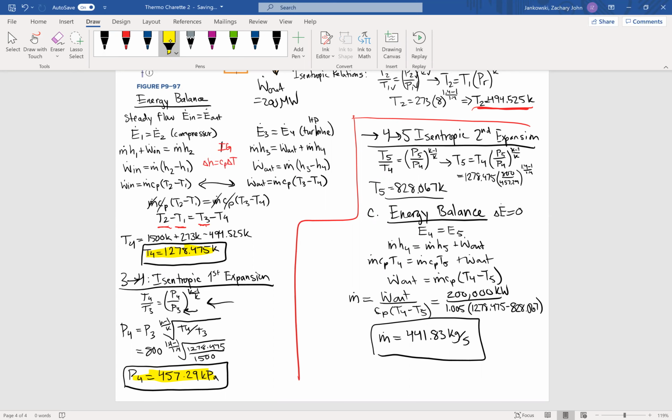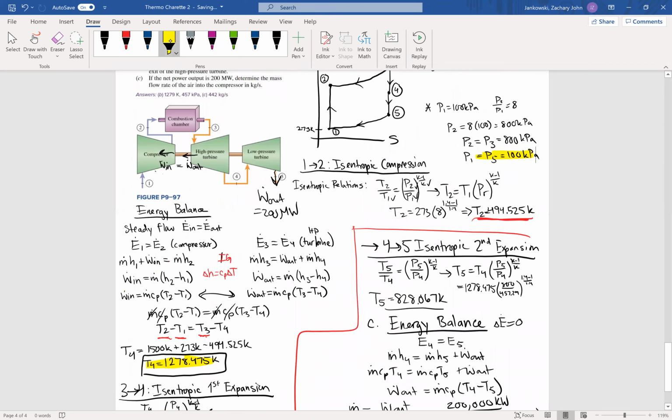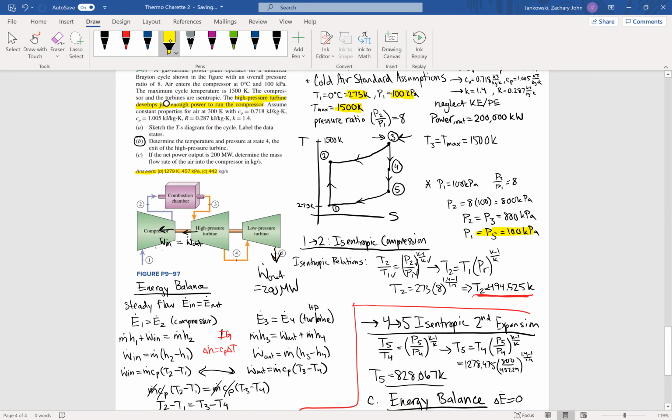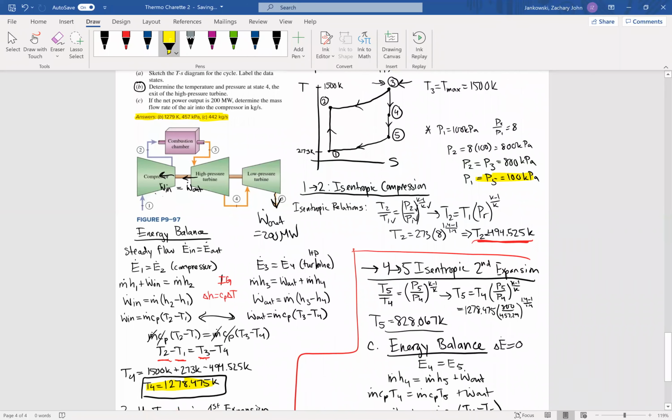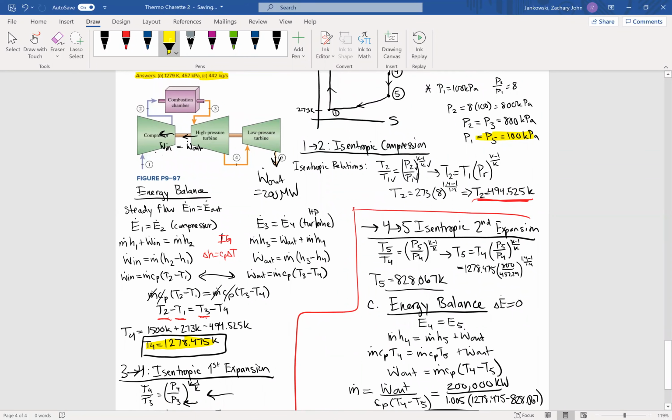Now, before we leave today, we're going to come back up to the question, and we're going to note that the given answers for A, the question gives us, are 1,279 Kelvin, which is what we have for our T4 value down here.